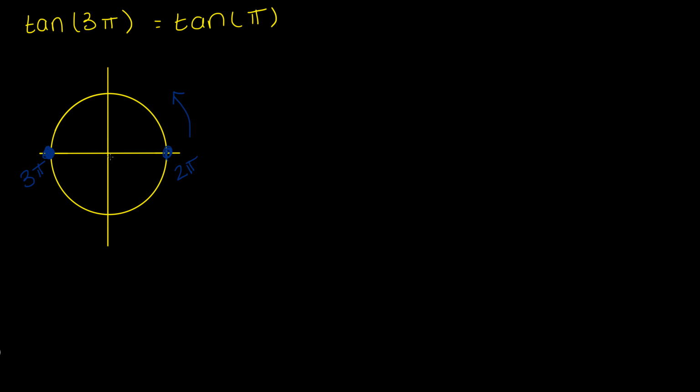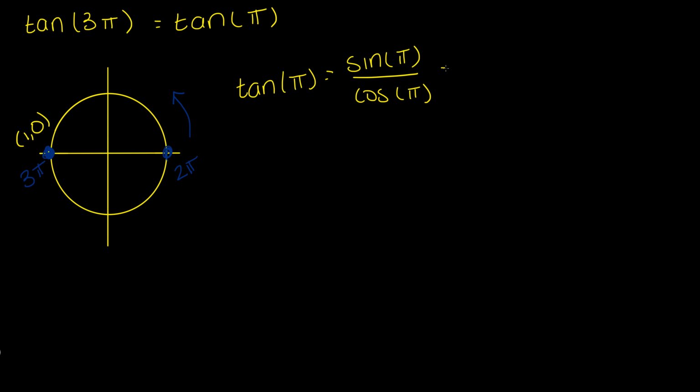And tangent of pi, remember this is the radius of 1, so this point right here is going to be x 1, y 0. And therefore, we have tangent of pi equal to sine of pi divided by cosine of pi, sine being the y, this being the x.